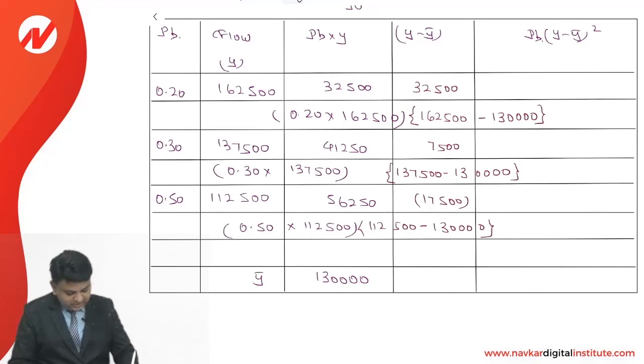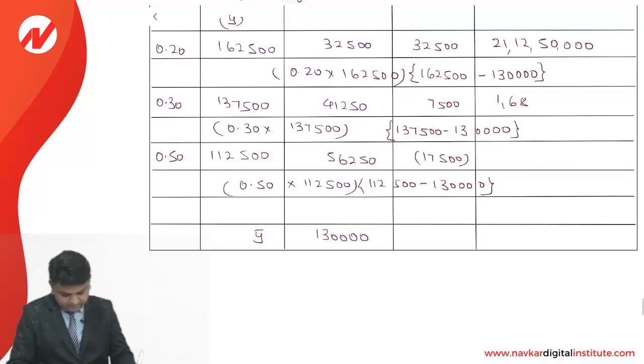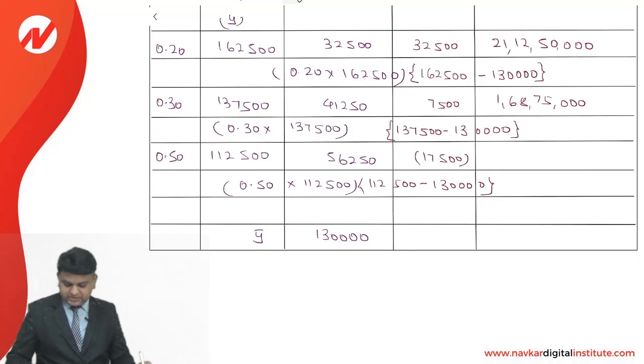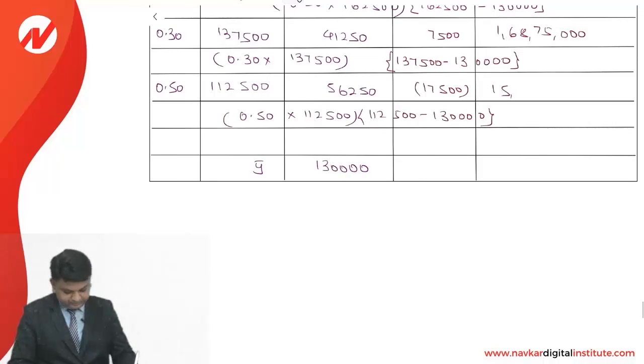So the answer is 21 crore 12 lakh 50,000. Square of 7,500 into 0.30 is 1 crore 68 lakhs 75,000. 17,500 square into 0.50 is 15 crore 31 lakhs 25,000.